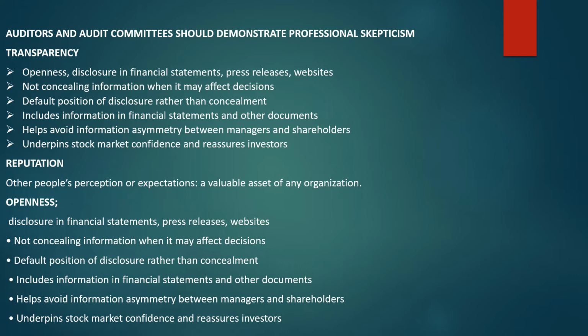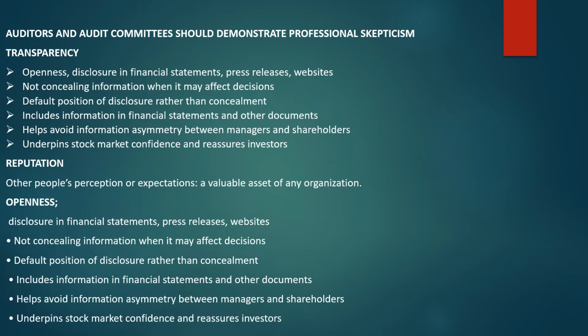Third, a default position of disclosure rather than concealment. Fourth, including information in financial statements and other documents. Fifth, it helps avoid information asymmetry between managers and shareholders. Sixth, it underpins stock market confidence and reassures investors.